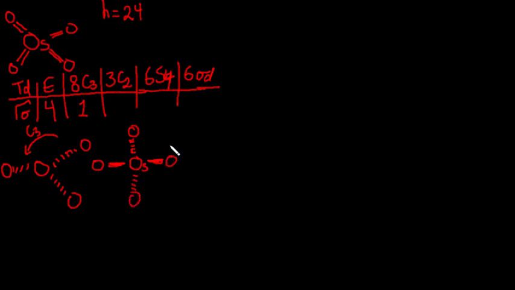Therefore, if we actually do a C2 rotation, we would end up with all of these oxygens moving. So in this case here, we would have no oxygens remaining in the same spot.